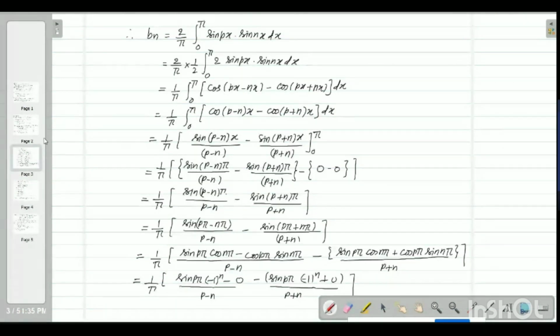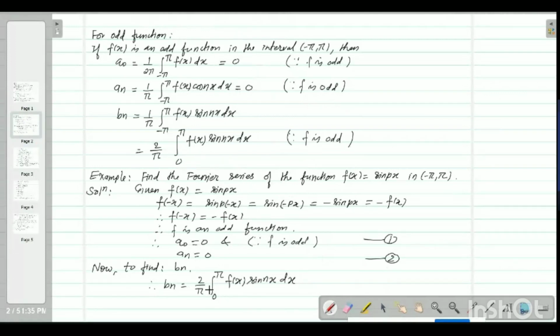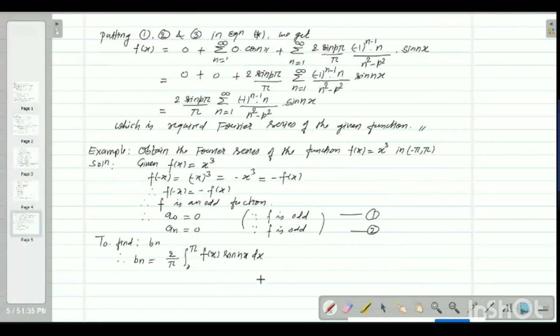2 by pi, integration of limit 0 to pi, f of x sin nx dx. Just substitute the function. This is equal to 2 by pi, integration of limit 0 to pi, x cube into sin nx dx.